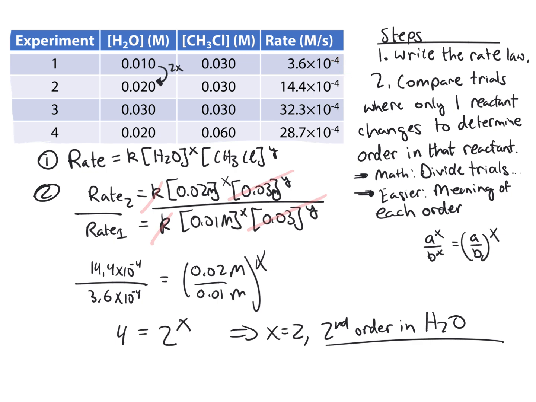If we double the H2O, if we just do that division, rate 2 over rate 1, 14.4 over 3.6 is equal to 4x, then we can sort of directly get to the comparison we want to make. Doubling the concentration caused the rate to go up by a factor of 4. That's a second order or squared relationship, because these didn't go up by the exact same factor. That would be first order. This went up by 2 squared.